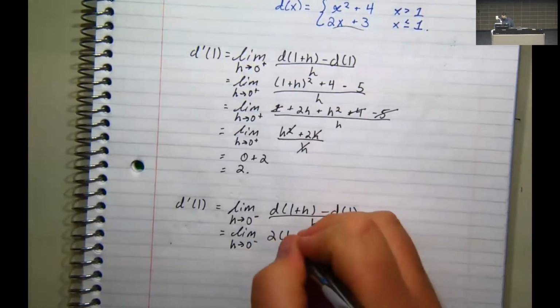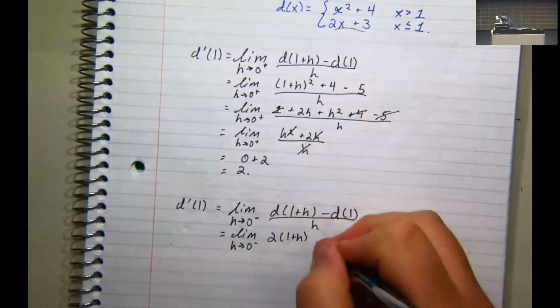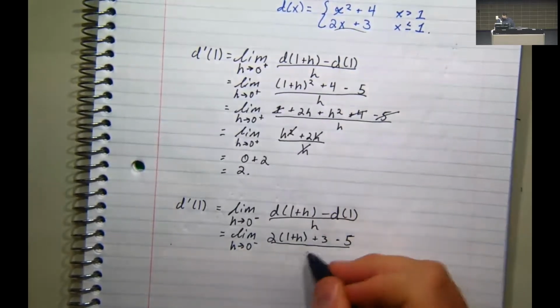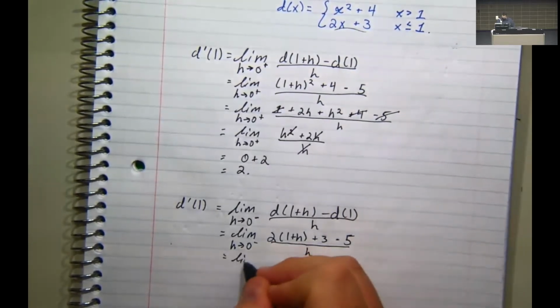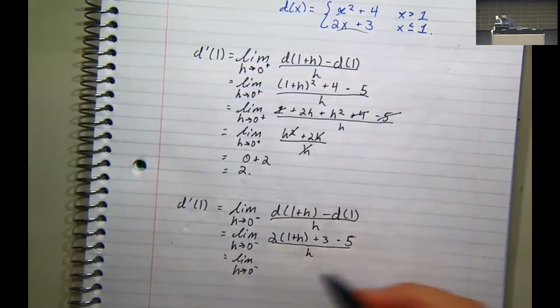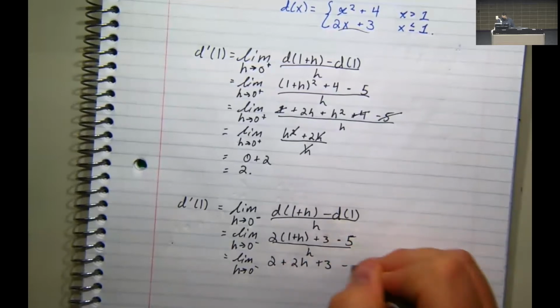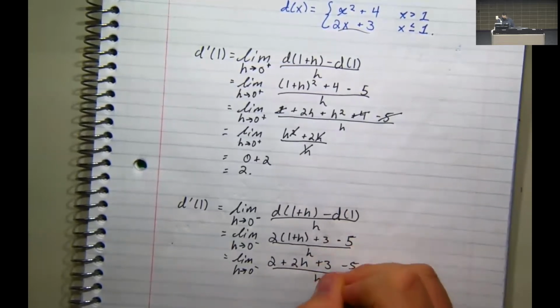So it's 2 times (1 plus h) plus 3 minus 5, all over h, which equals the limit of 2 plus 2h plus 3 minus 5 all over h.